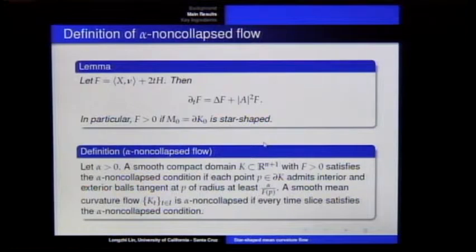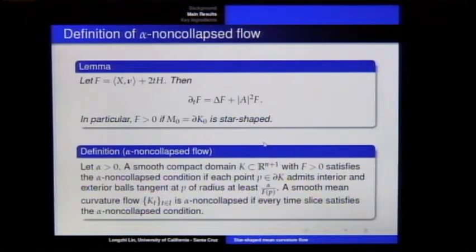Right, so instead of looking at the hypersurface, you can look at the n+1 dimensional region enclosed by the closed hypersurface. That's what we call K. So the hypersurface would be the boundary of K. If a hypersurface is alpha non-collapse, then at every point of the hypersurface, it admits an interior and exterior sphere tangent at the point of radius at least a universal constant divided by the quantity f at the point P. But remember, along the flow, this quantity f is changing along time, right?